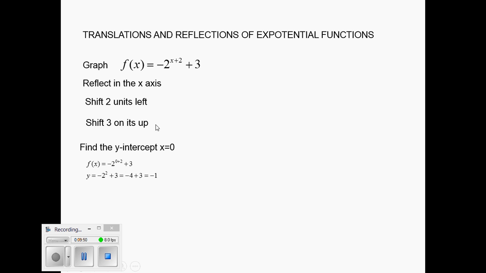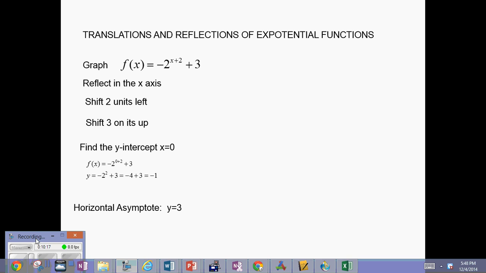Again, y-intercept is when x equals 0. When we're evaluating this, our order of operations is going to tell us that we square this first and then multiply it by -1. That's not -2 squared. That's 2 squared times -1. And of course, the horizontal asymptote we saw was at 3.